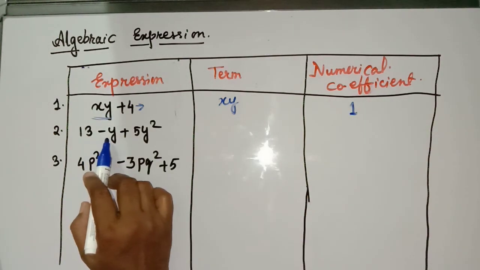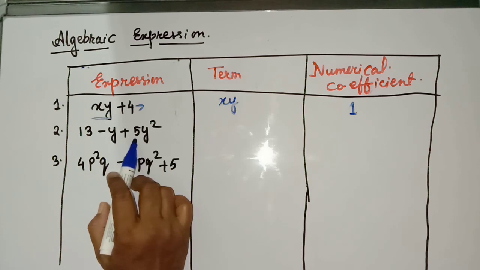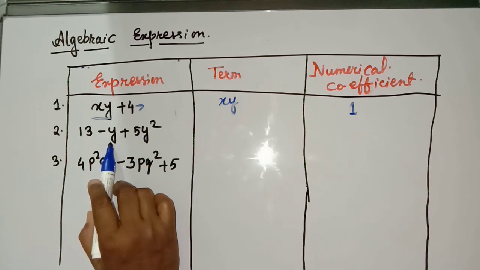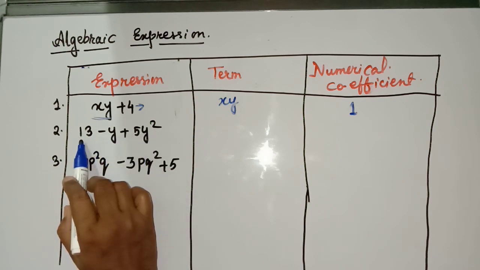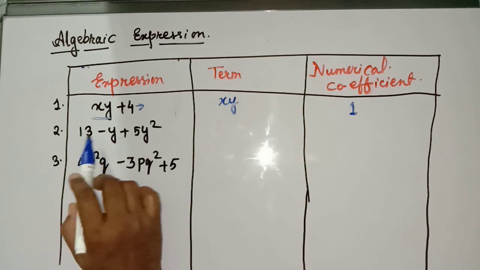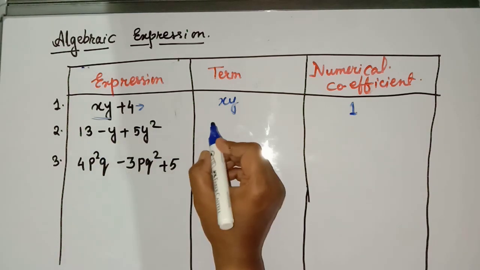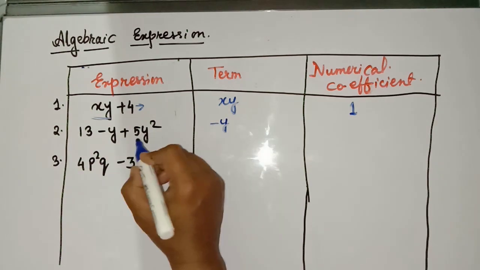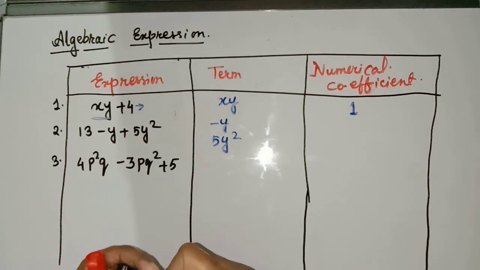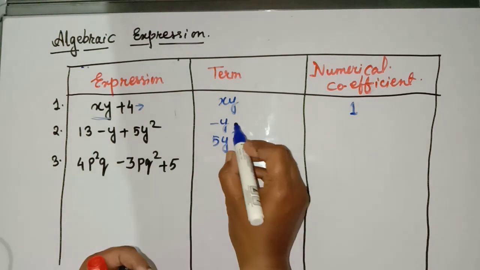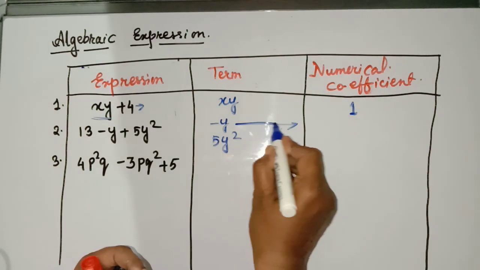Now in question number 2, the question is 13 minus y plus 5y square. Here minus y and 5y square are the terms and 13 is the constant, so we are leaving this. So write down the terms: minus y and 5y square. Now you have to write the numerical coefficient of minus y.